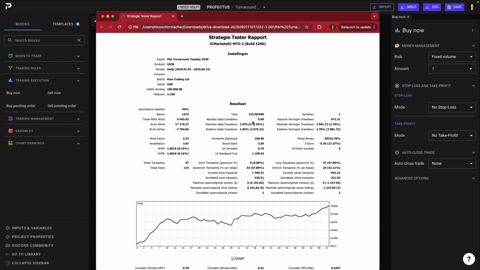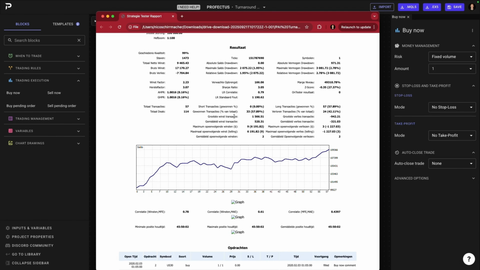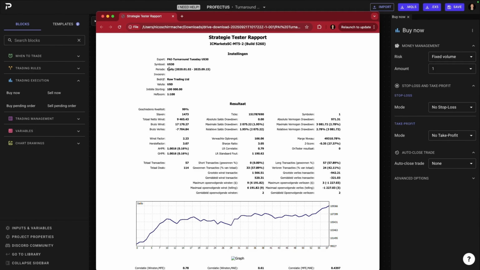And then you see the outcome of that trading system based on one lot. And then you also get a feeling of the behavior of that system. So here we tested it from 2020 until 2025, until mid-September, on a 100k account with a leverage of 1 to 100.